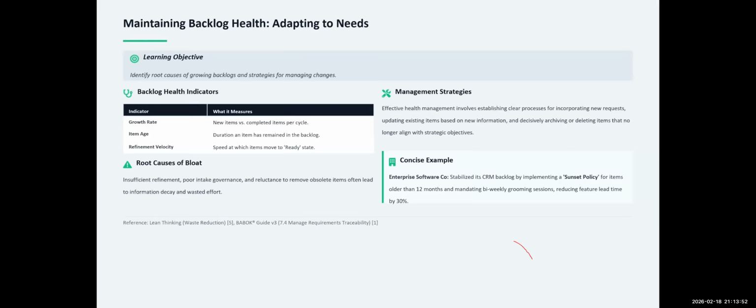So as a business analyst, you need to check these backlog health indicators to ensure that you have a backlog that is well groomed, well refined, and the health indicator is positive.